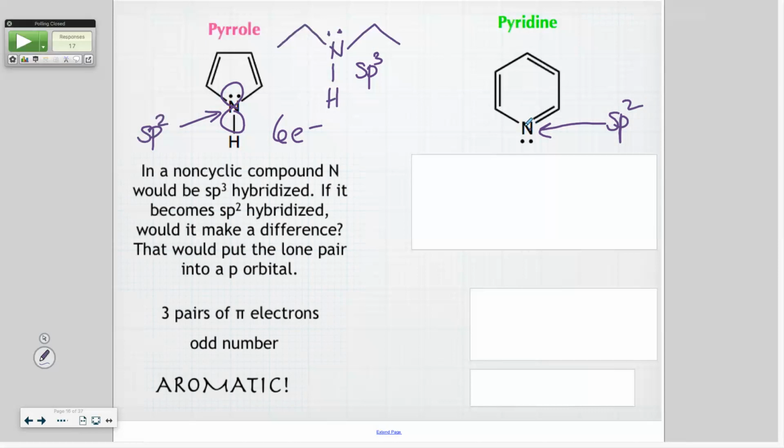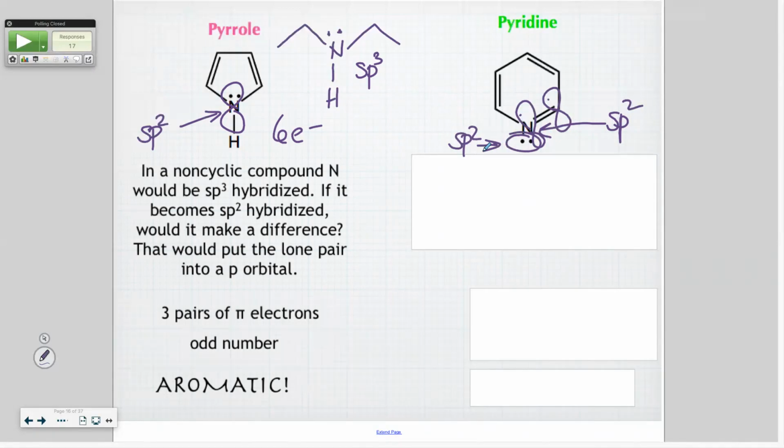So there is a p orbital on the nitrogen interacting with the p orbital next to it, making the double bond. What about these guys? Where are they? They are in an sp2 hybridized orbital. So here's your p orbital, top lobe, bottom lobe, and where's that sp2? It's sticking out over here.